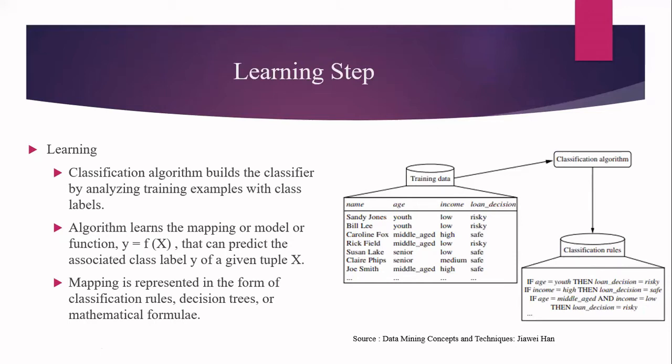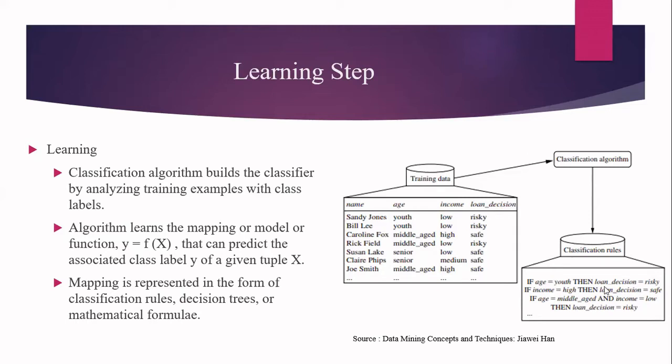If you see the first rule, it says that if age is equal to youth, then loan decision is equal to risky. What is given here is that if the person is a young person, he may not be earning anything, so he cannot pay the loan amount. So don't give the loan to him because he is not earning, he cannot pay the installments.